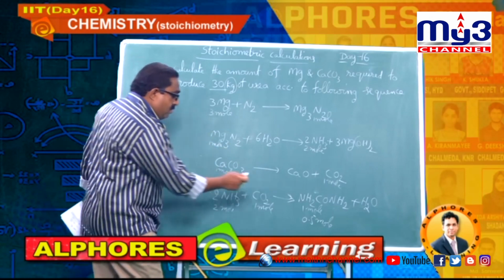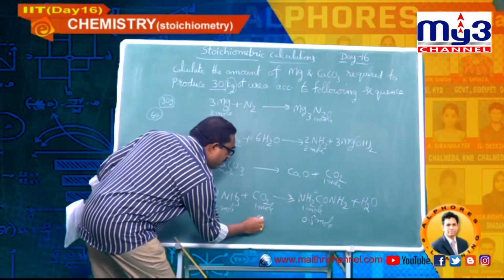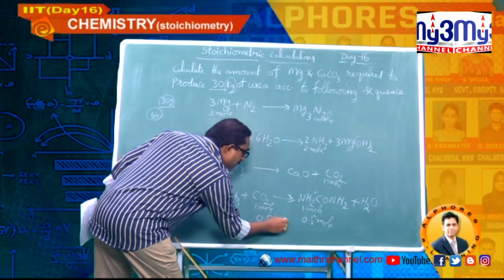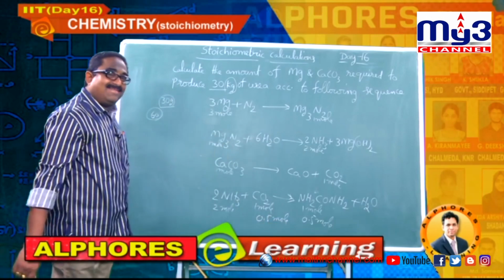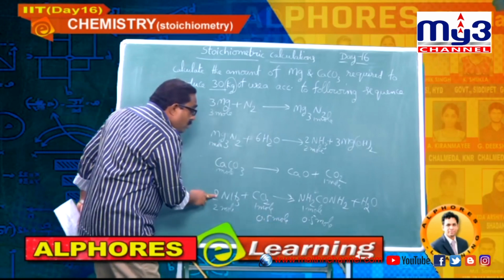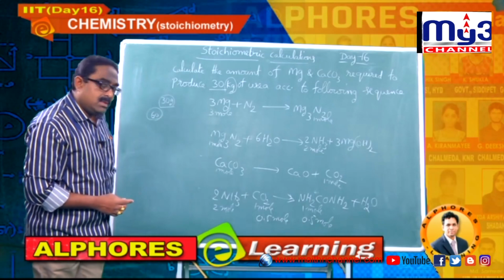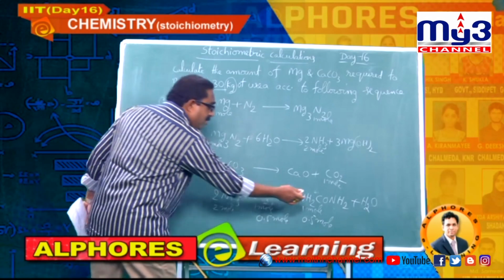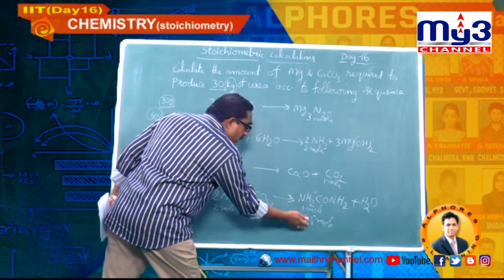Here 1 mole is coming from 1 mole. So 0.5 moles also should come from 0.5 mole, because the mole ratio is 1:1. Here 2 moles are forming 1 mole. It means you can also write like this: 1 mole of urea is formed from 2 moles of ammonia. Here I required only 0.5 moles.